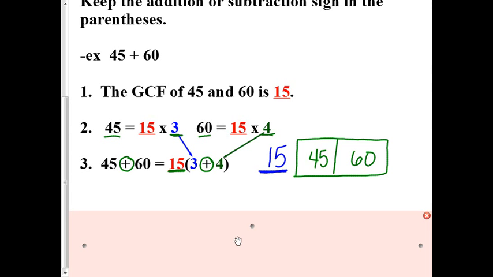Or in other words, it's the greatest common factor of 45 and 60. And then it's 15 times 3 that gives us 45, and 15 times 4 that gives us 60. So right here then is my problem, 15 times the sum of 3 and 4. And I have now factored 45 plus 60. Let's look at some examples.